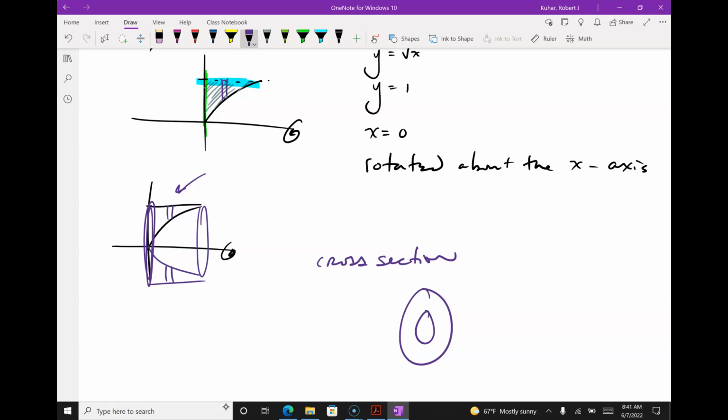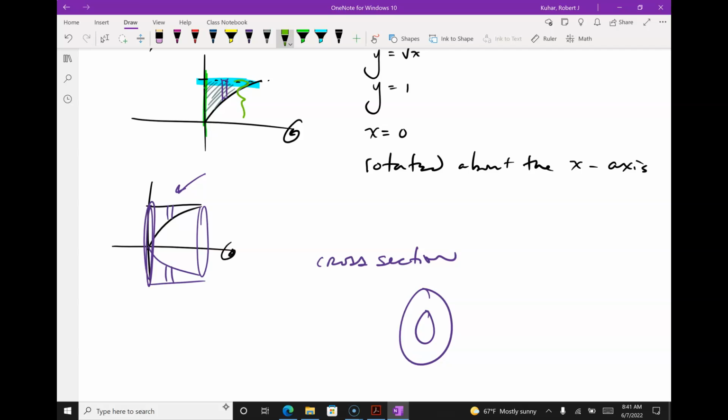Remember, if I'm doing the disc method, which is disc or washer, it's perpendicular to the axis of revolution. So since I already had my axis of revolution, I know my rectangle's got to be perpendicular to the x-axis. I want to go from the axis of revolution to the top of the rectangle to get my big radius.